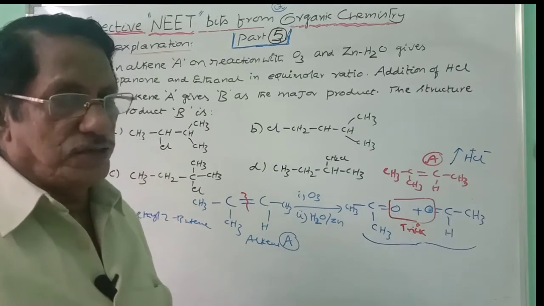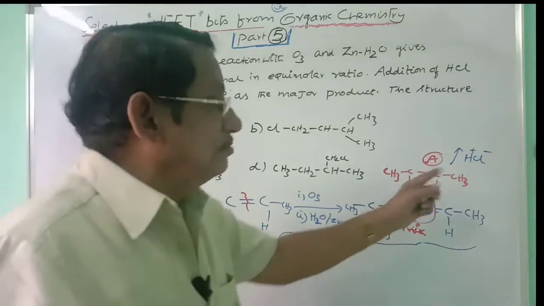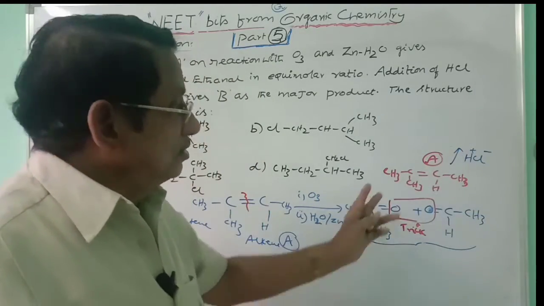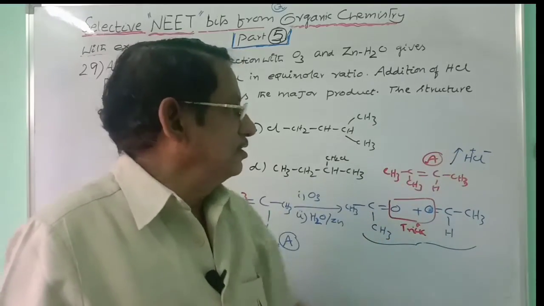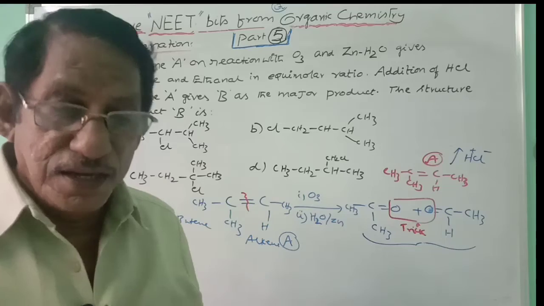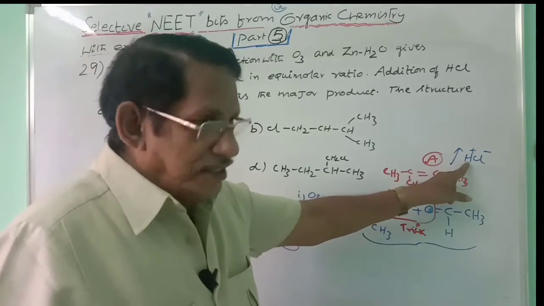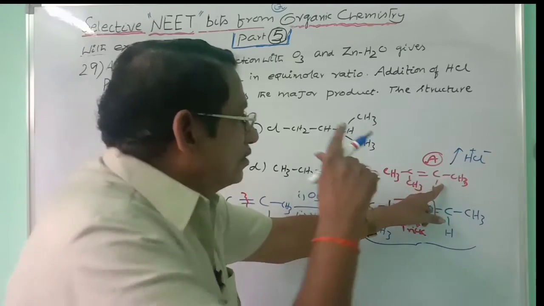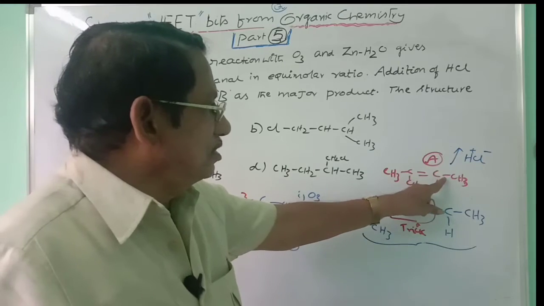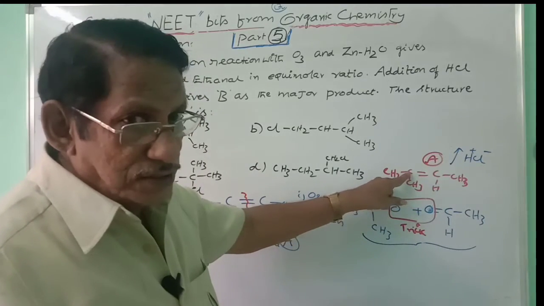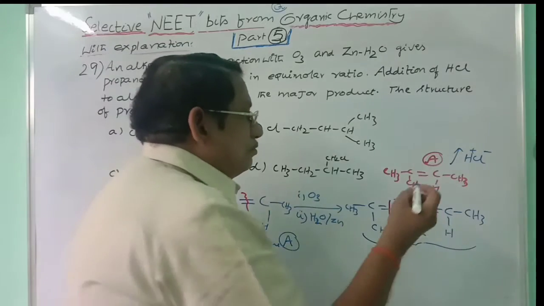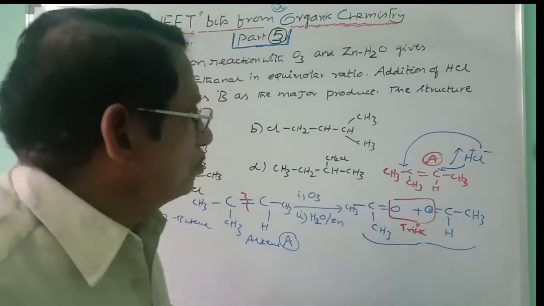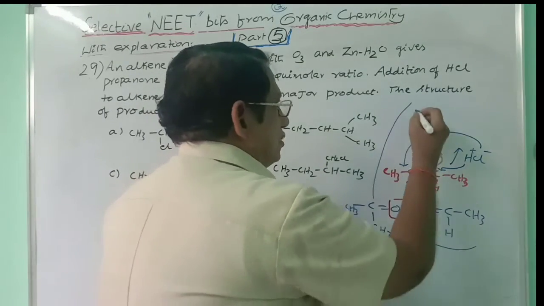When a polar molecule like HCl or HBr is added to an unsymmetrical alkene, that means when the 2 sp2 carbons carry different numbers of hydrogens, you follow Markovnikov rule, according to which the positive part of the addendum is added to that sp2 carbon which holds the greater number of hydrogens. This sp2 carbon carries one hydrogen, this sp2 carbon has no hydrogen. So the positive part is added to the carbon holding more hydrogens, and the negative part to the other carbon.